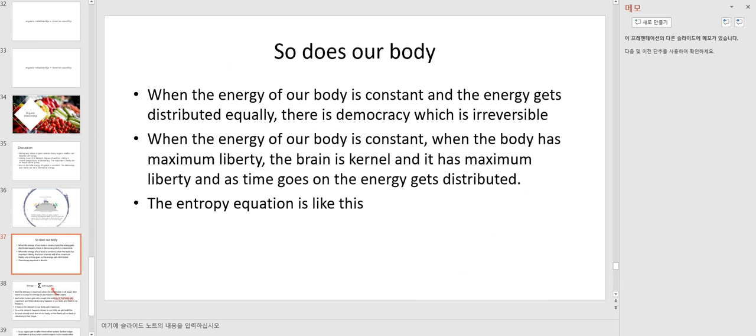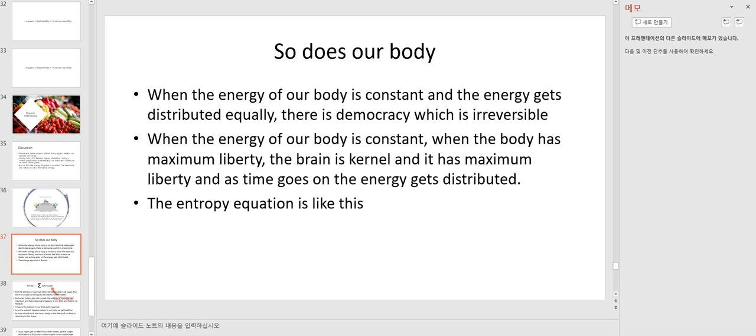So does our body. When the energy of our body is constant and the energy gets distributed equally, there is a democracy which is irreversible. When the body has maximum liberty, the brain is the kernel, and as time goes on, the energy gets distributed.